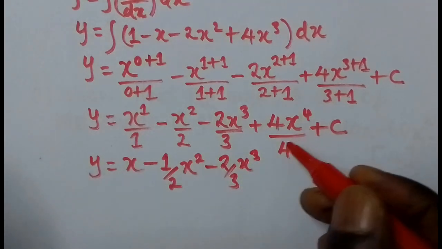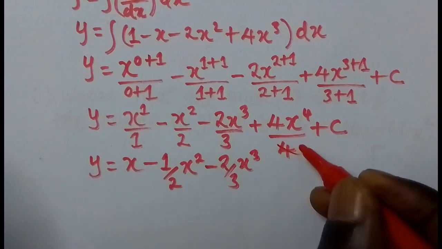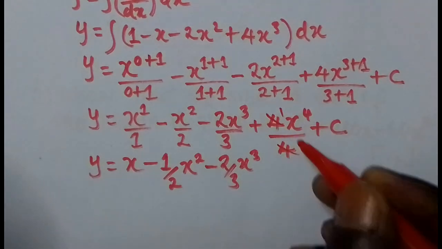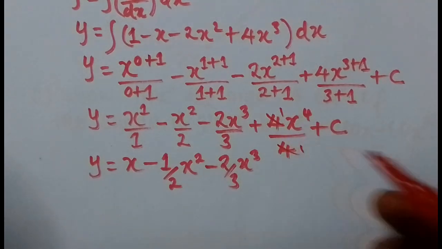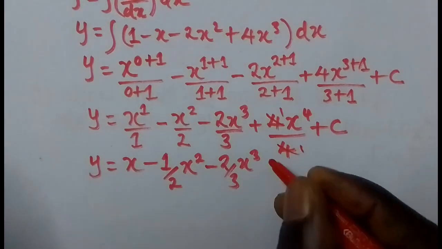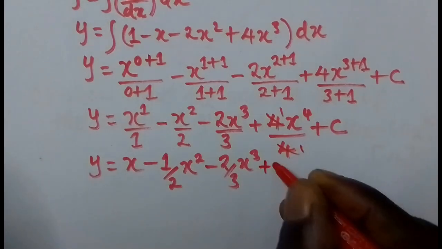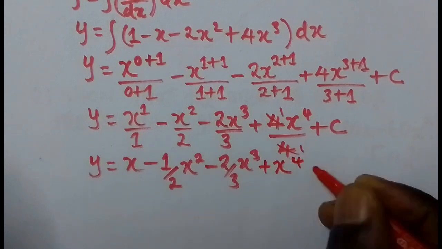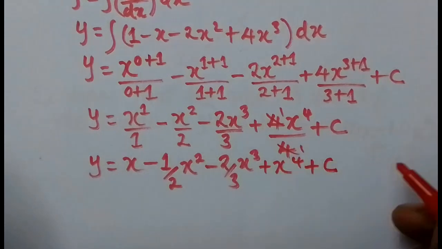Then here we can simplify: 4 into 4 is 1, 4 into 4 is 1. So 1 times 1 is 1, and 1 times x to the power 4 just gives x to the power 4, then plus c.